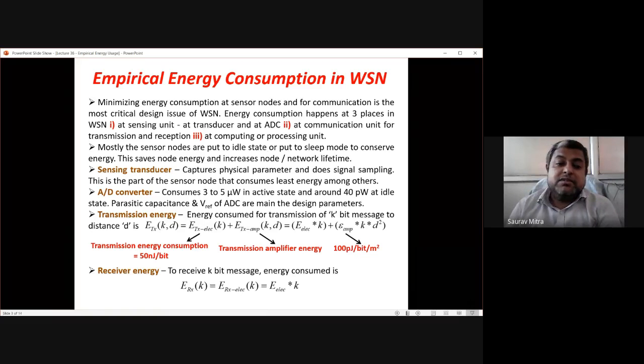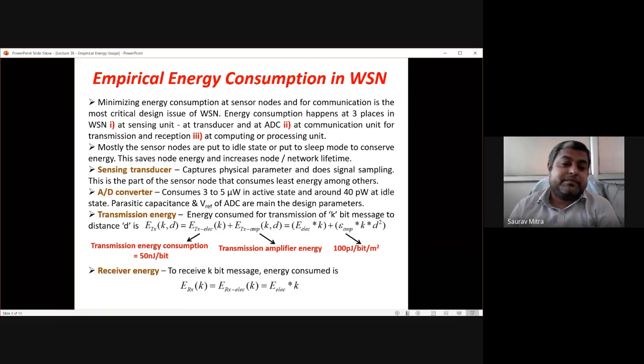Parasitic capacitance and reference voltage of the ADC are the main design parameters. We know what a parasitic capacitor is, and reference voltage determines the resolution of the ADC. So parasitic capacitance and V reference, the reference voltage, are the main ADC parameters that we have to keep in mind.